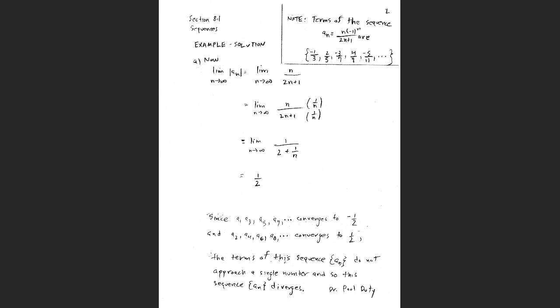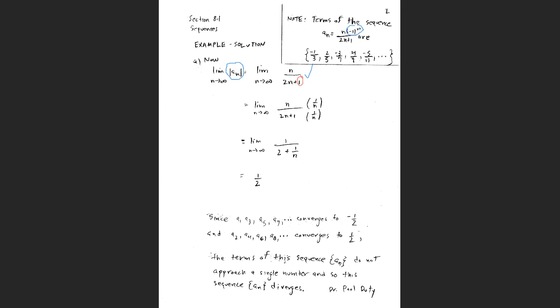So if I look at the absolute value of the sequence, then the -1 to the nth power goes away, and you're just left with n over 2n plus 1. Well, how does that behave as n gets large? Do you think that little +1 at the bottom matters much compared to the n and the 2n when n is large? No, it definitely does not.